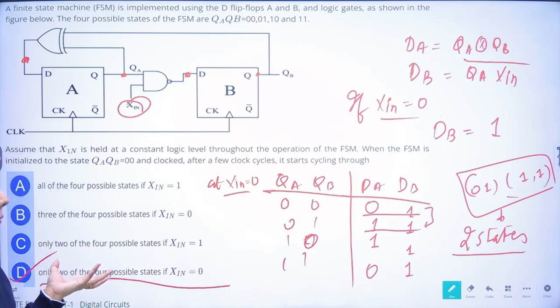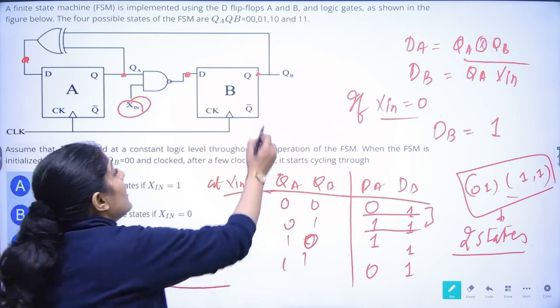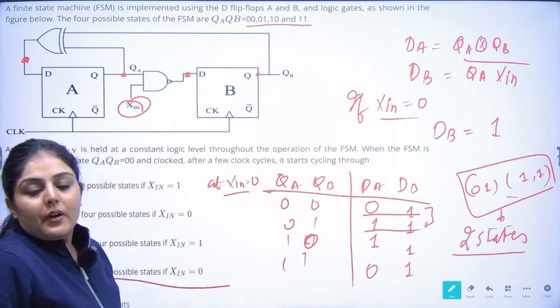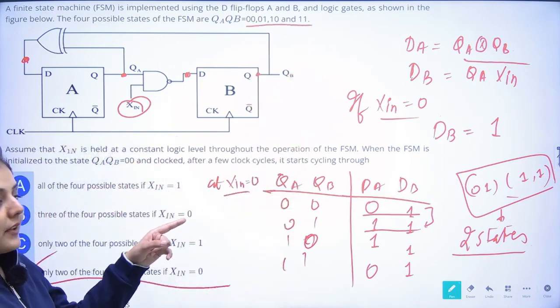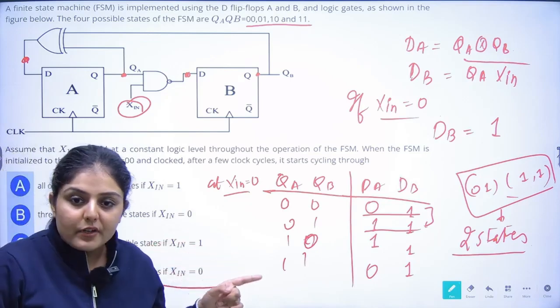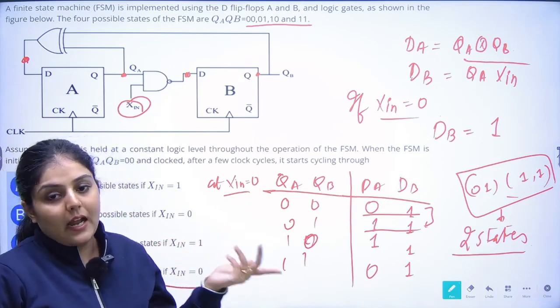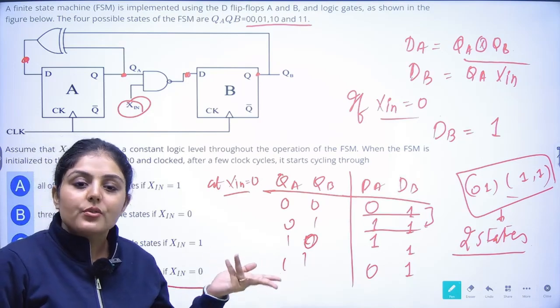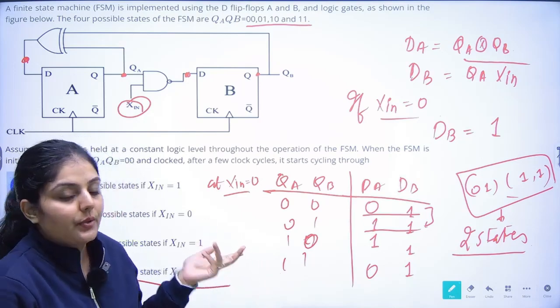What we did, we just calculated the values of dA and dB by the equation, and after that we put in all the input states, that is 0, 0, 0, 1, 1, 0 and 1, 1. So these will be the input values. After that we calculated the output values according to the equation, and we found that only two states will be there when x in is equal to 0.